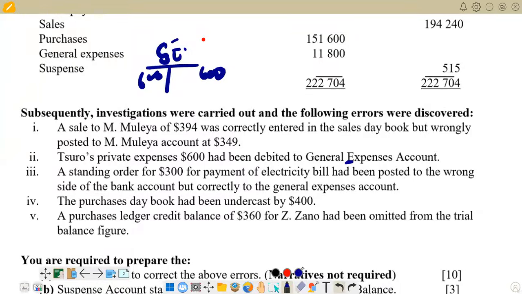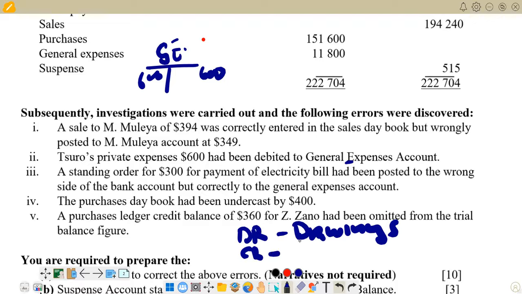So the double entry that we have there is that we are going to remove this 600 from the general expenses, and then we are going to debit the correct account, which is drawings, and then we credit.